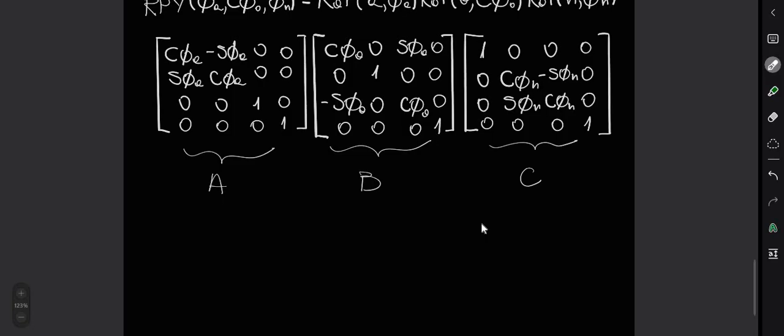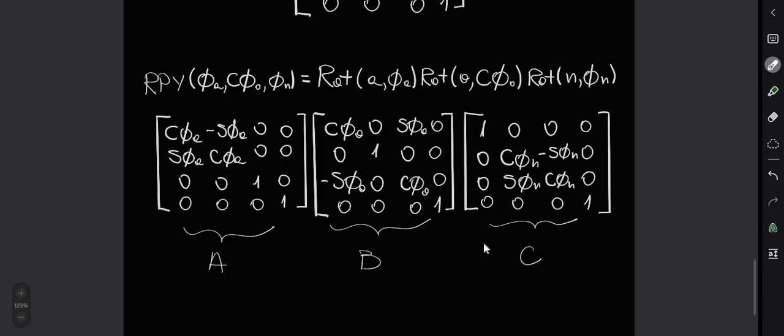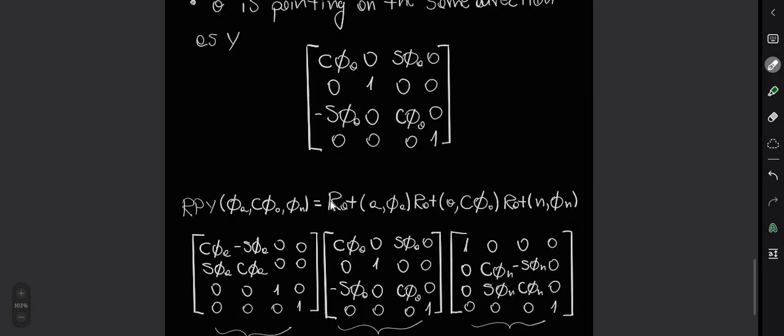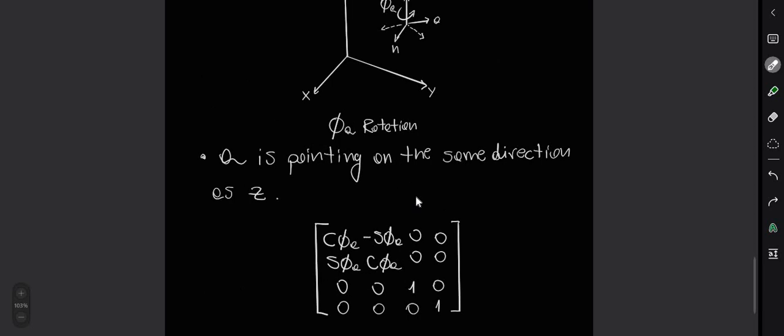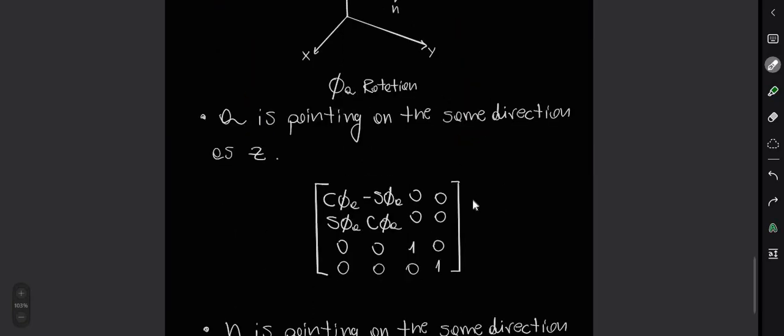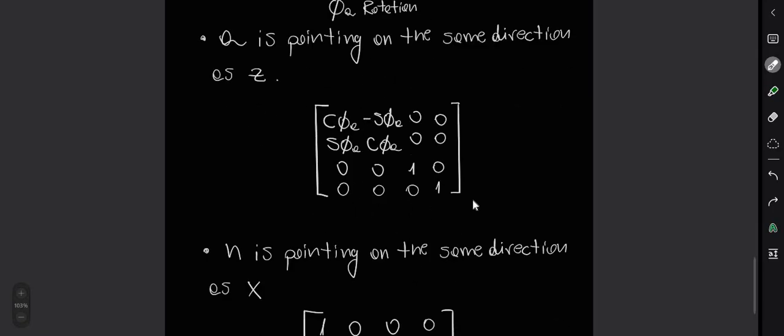And if I'm not wrong, over the past three videos, we were constructing this transformation equation from the rotations of roll, pitch, and yaw. These angles are angles of rotation. So right here, I was explaining how you can construct this matrix.